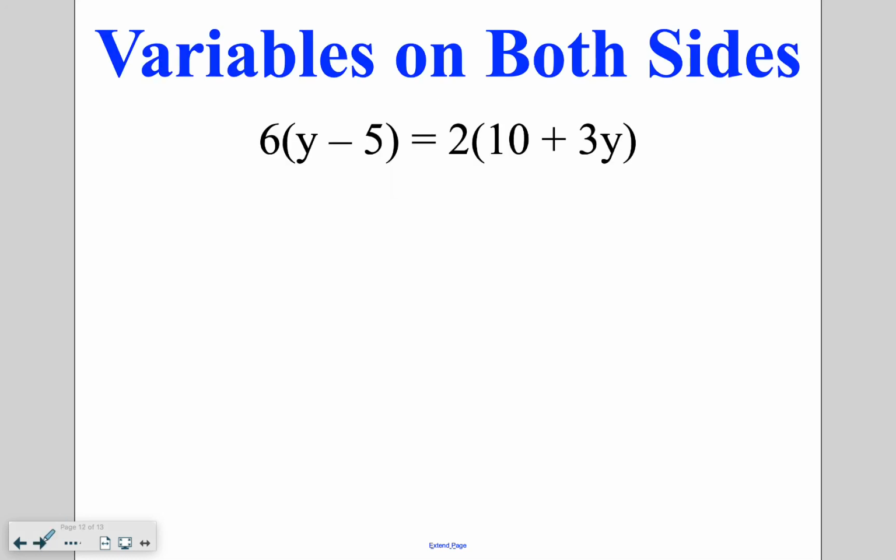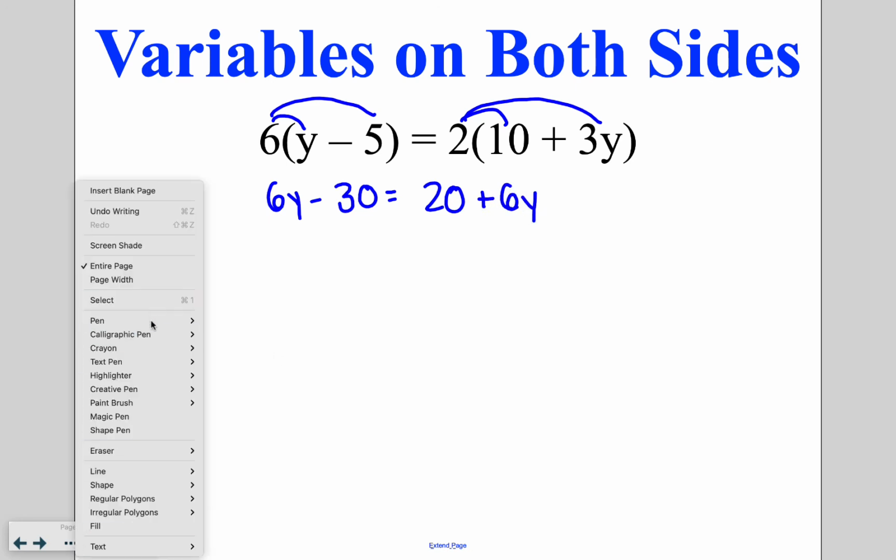Last thing I want to address. Couple more specific types of answers you can get when you have variables on both sides. So I'm going to start by simplifying here. Distributive property is going to give me 6y minus 30 on the left side. And then when I distribute on the right side, I end up with 20 plus 6y.